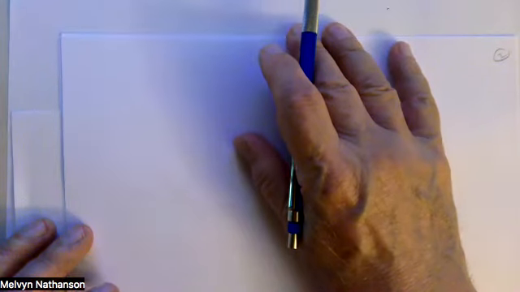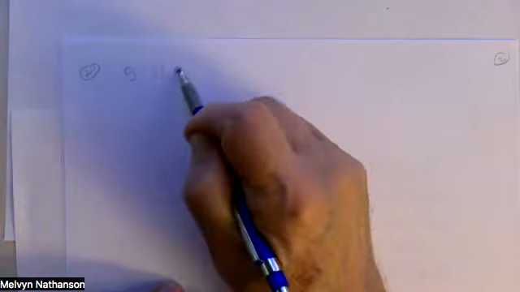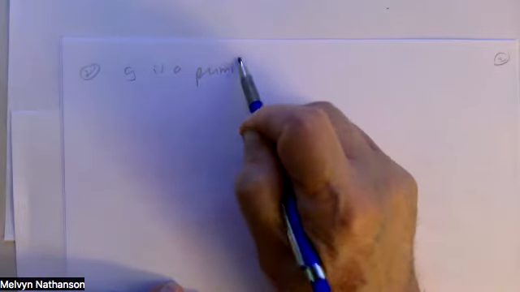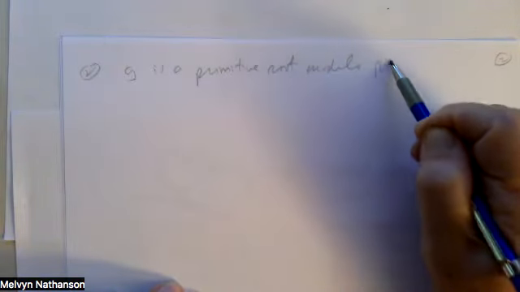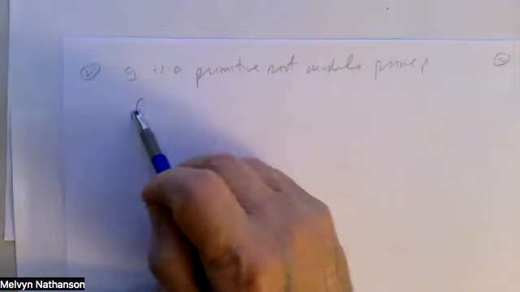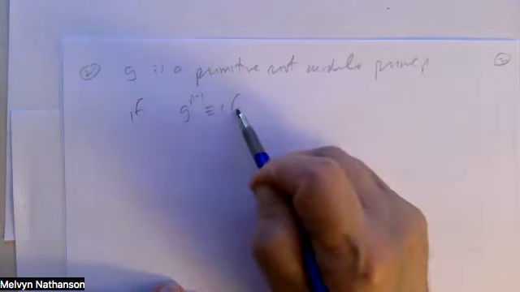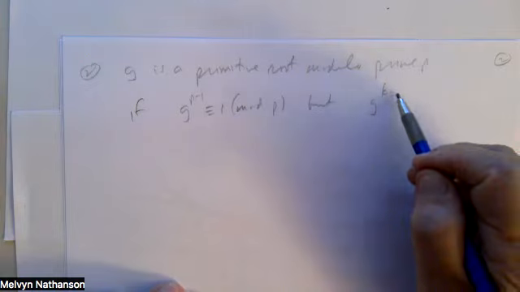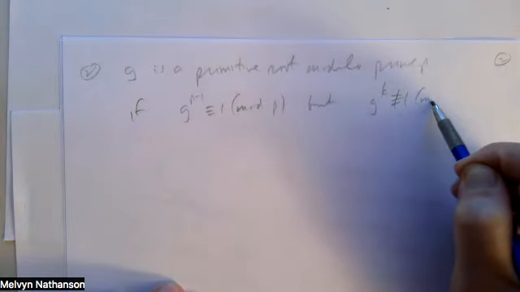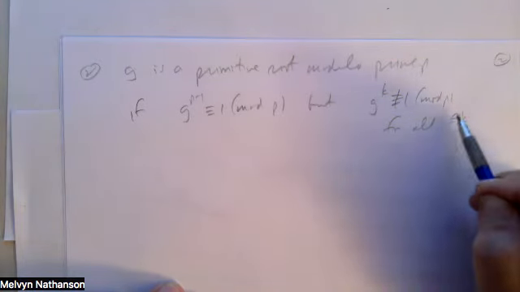Problem number 2 has to do with a primitive root. So let's say g is a primitive root modulo a prime number p if g to the p minus 1 is congruent to 1 mod p, but g to the k is not congruent to 1 mod p for all k between 1 and p minus 2.